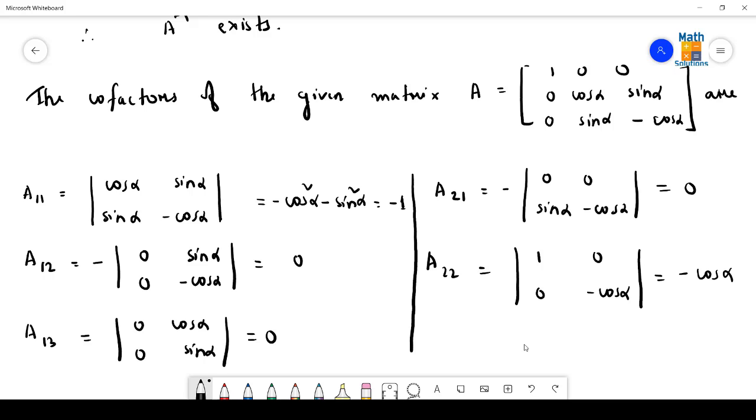Then A23 will be with negative sign convention, and the elements will be 1, 0, 0, sin alpha, and we shall get minus sin alpha.